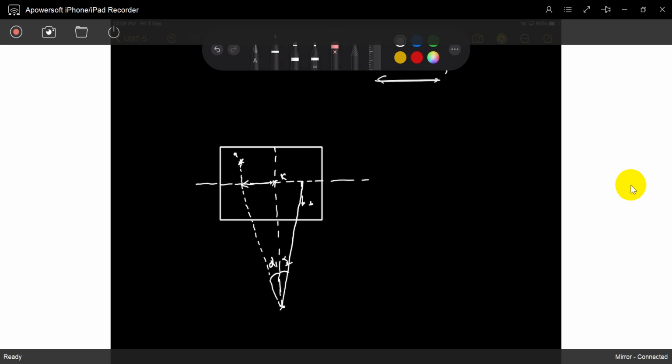We already know what alpha 1 is: tan inverse of this. Maybe you can call it x1. This is called x2. This is y1. This is y2. A and B are two different points. Those projections are taken based on the coordinate system, the fiducial coordinate system. So alpha 1 you already know is x1 by focal length. Alpha 2 also is x2 by focal length.